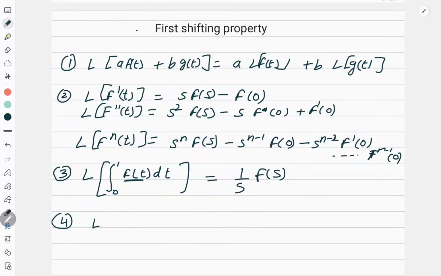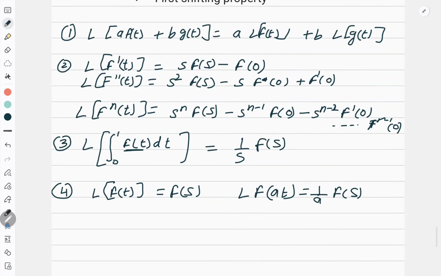Change of scale means if the Laplace transform of any function f(t) is equal to F(s), then the Laplace transform of f(at) is equal to 1 by a times F(s/a). After that we have multiplication by t and division by t, but those two properties I will take separately in my next video.